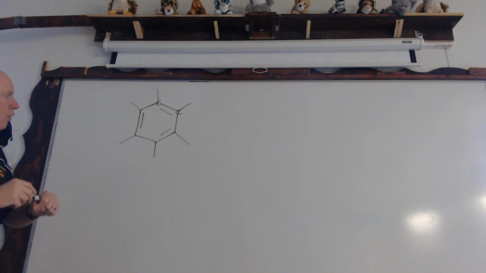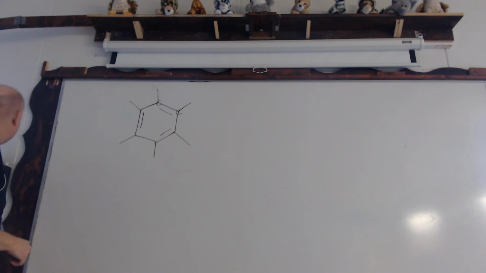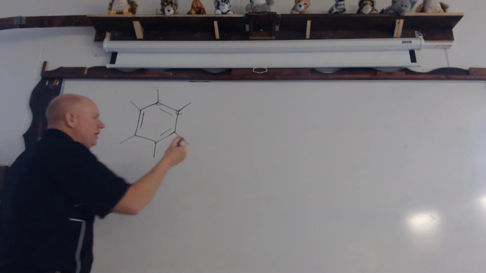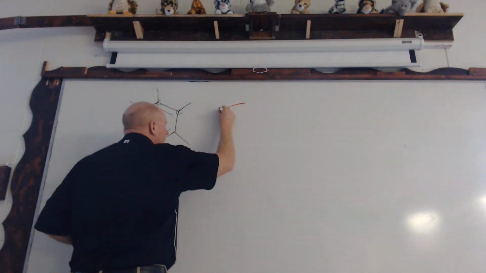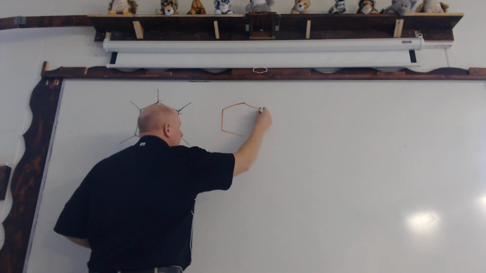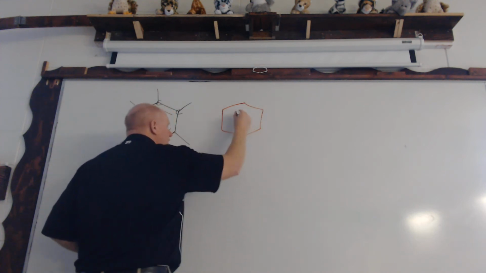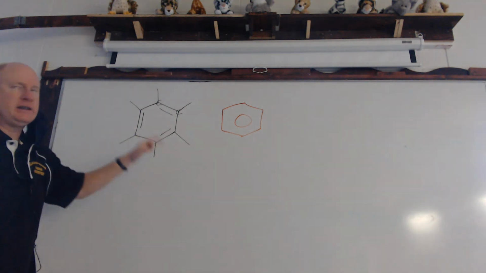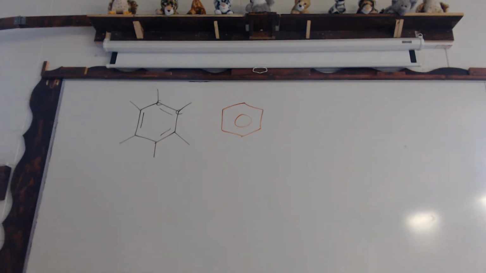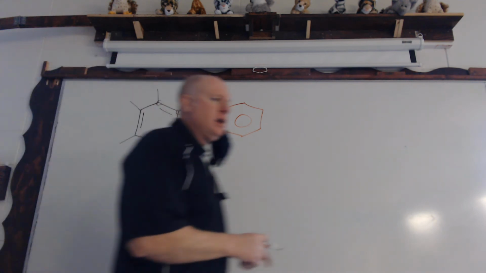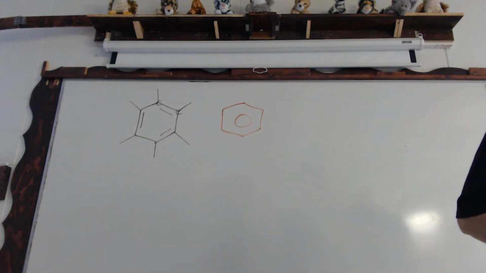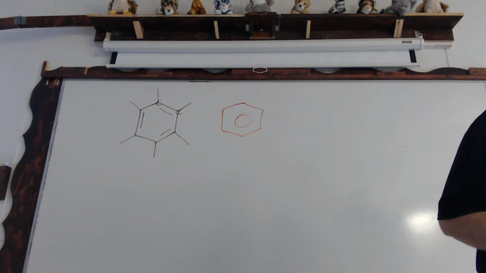But a more common way to write benzene, much, much simpler, is just doing this, and then putting a circle on the inside. That means the exact same thing. And that's why you see them written in your textbook on or around page 357, 358, 359, all around that vicinity.